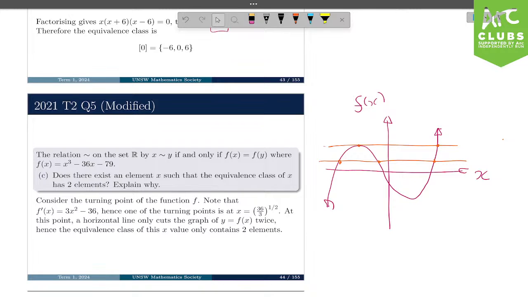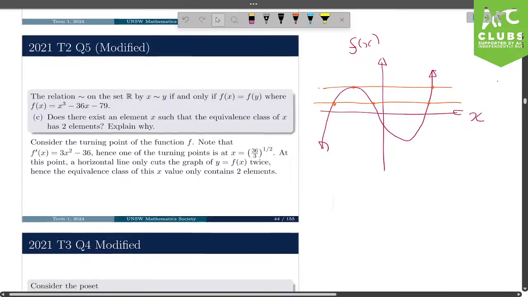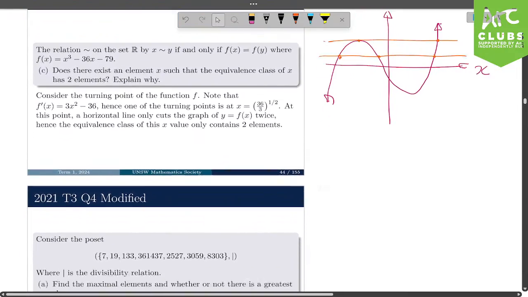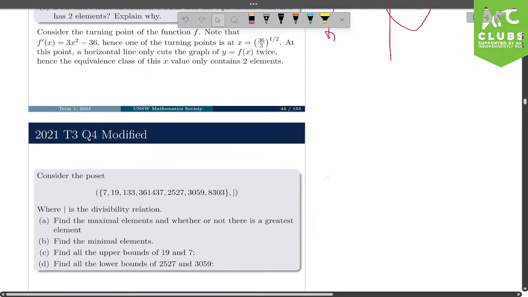Does everyone get it? Are there any questions? Okay, so now we'll move on to another question, 2021 T3, Q4.